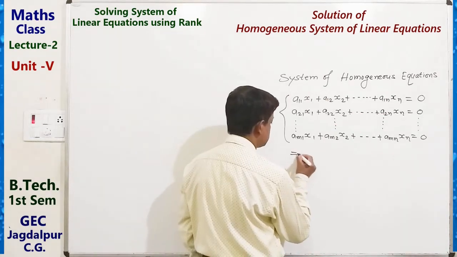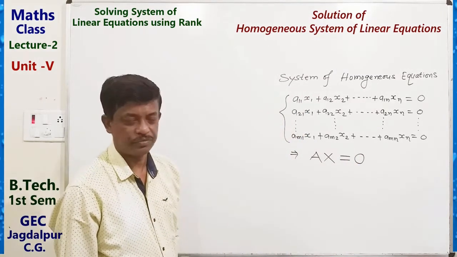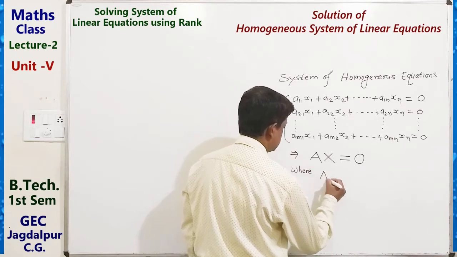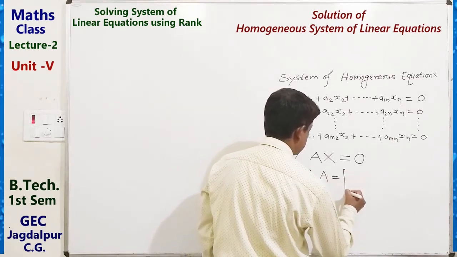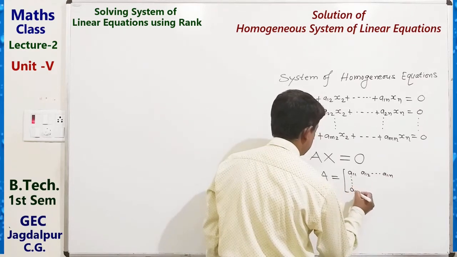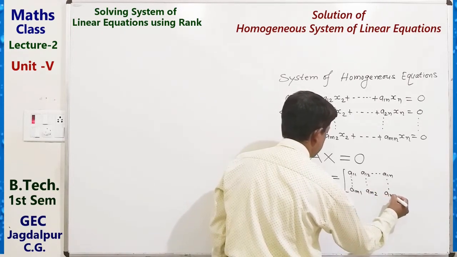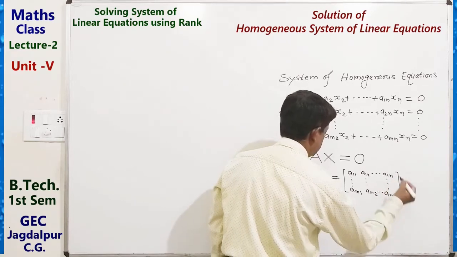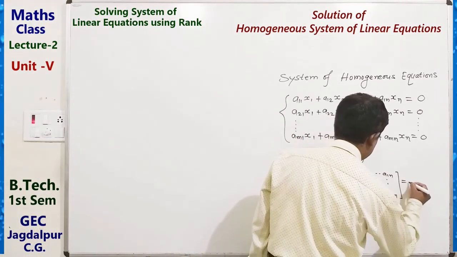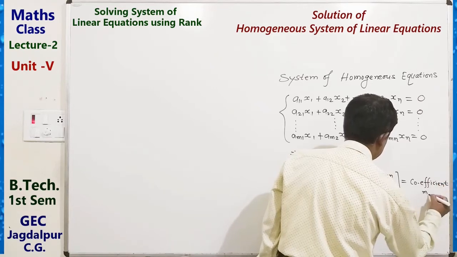So it can be written in matrix form as Ax equals O, a homogeneous equation, where A equals the matrix with entries a11, a12, a1n down to am1, am2, amn. This is the coefficient matrix.